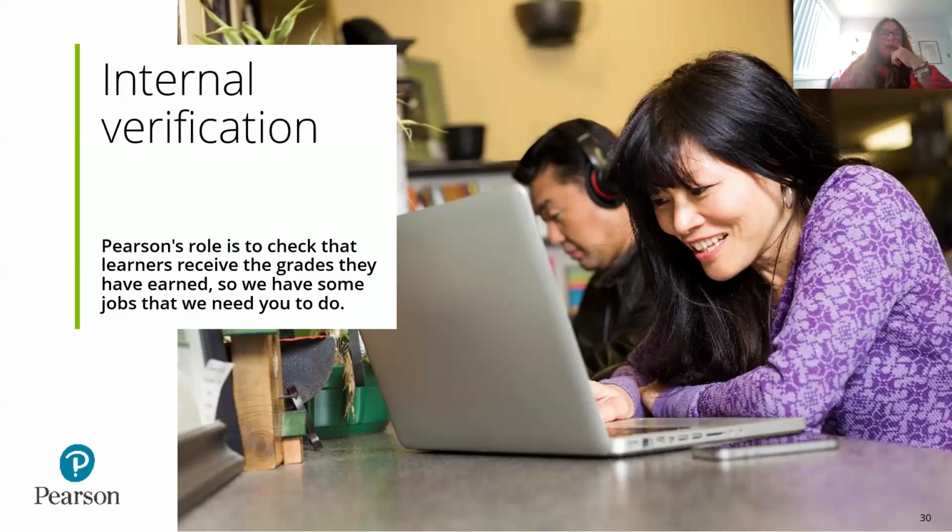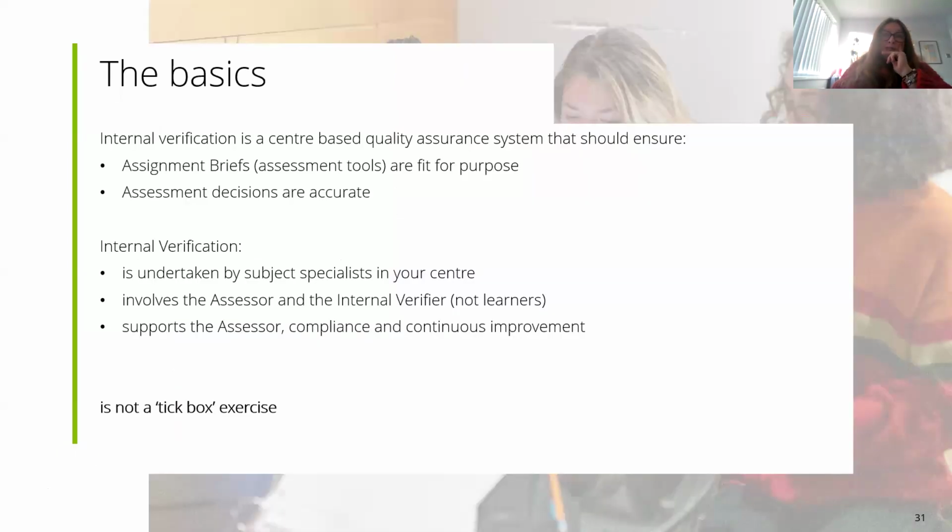So with internal verification, we want to know that what you're awarding is valid and reliable and authentic. It's a centre-based quality assurance process where you internally verify amended authorised assignment briefs, AABs, and you're internally verifying marked learner work assessment decisions.